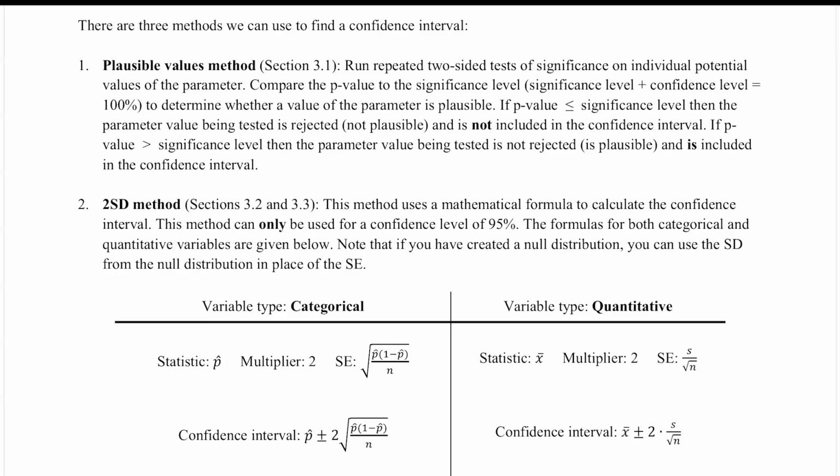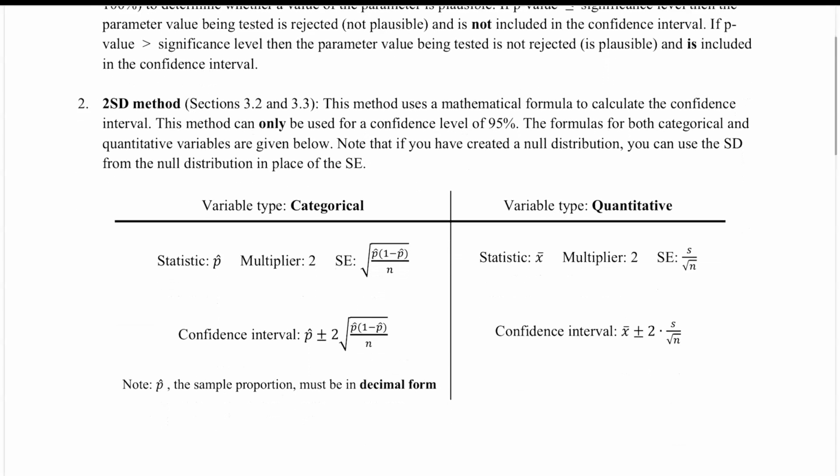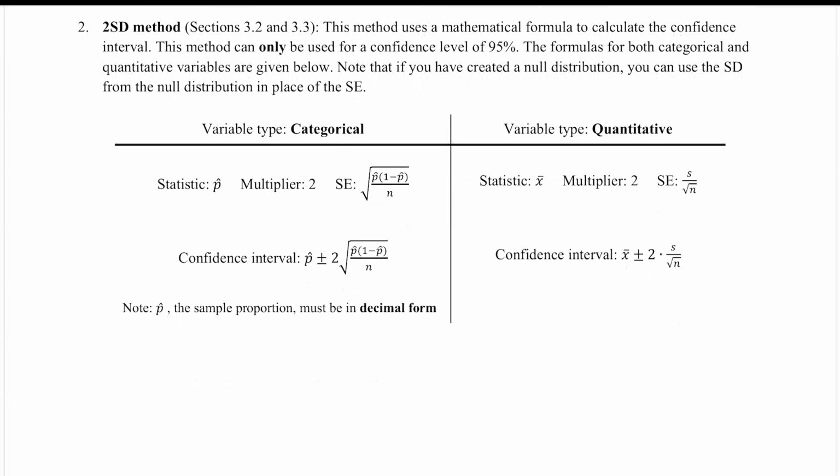Now we have three methods for finding confidence intervals. The first one we already looked at in section 3.1, the plausible values method. So you can read through that as a summary of how we come up with the confidence interval if we use that method. But again, it reminds us that the confidence interval is an interval of plausible values for the parameter. And note to self, we only used the plausible values method with a categorical variable.